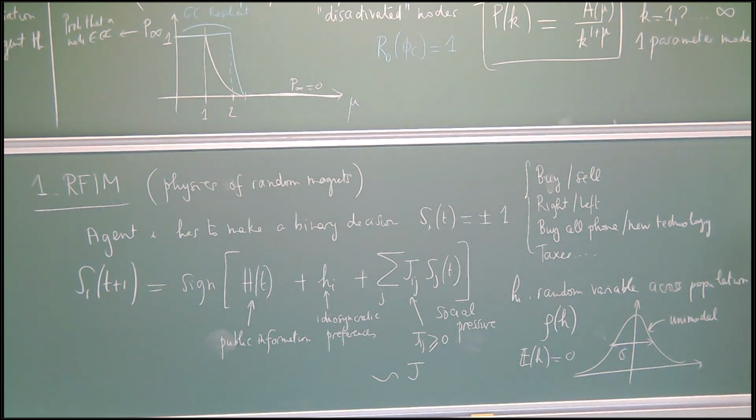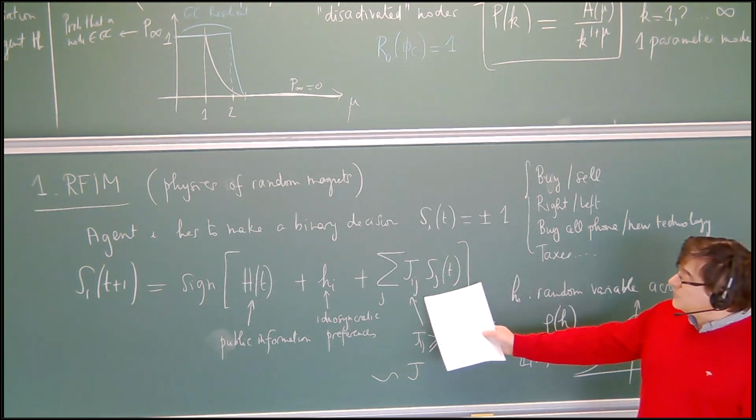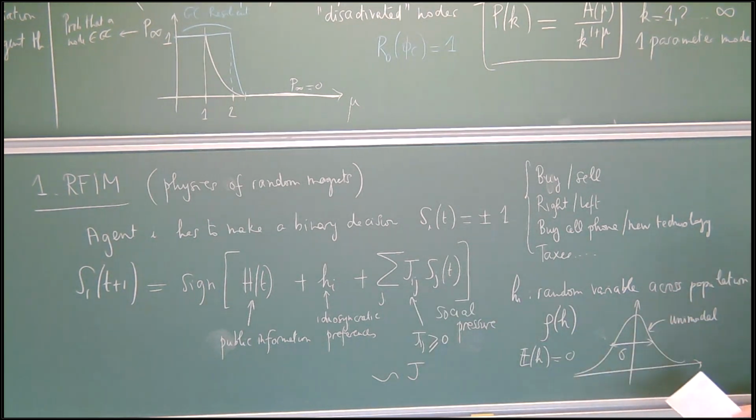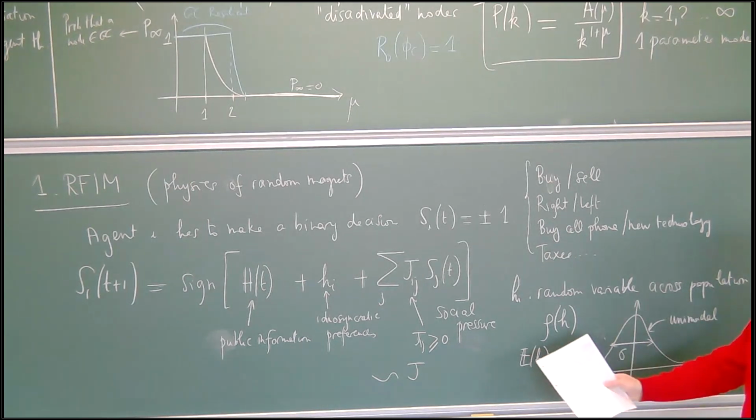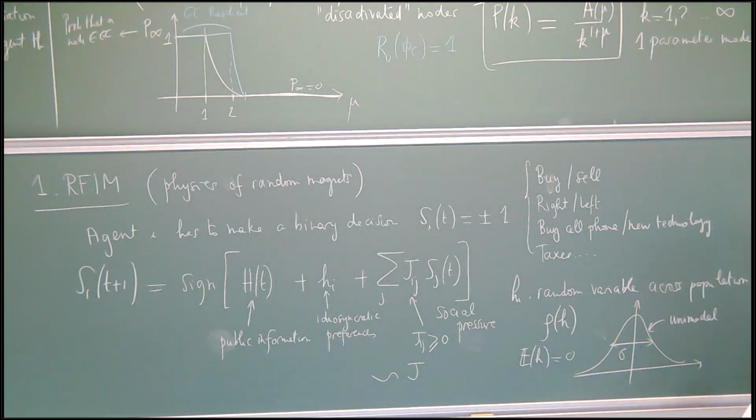But intuitively, you can think that if sigma is very large, if people are very heterogeneous, then social pressure will play less of a role because people are stubborn in a sense, and some h are very large, and these people never get influenced by others. Whereas if sigma is very small, so in the case of a very homogeneous population, then the social pressure term will play a crucial role.